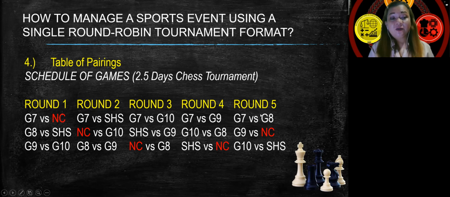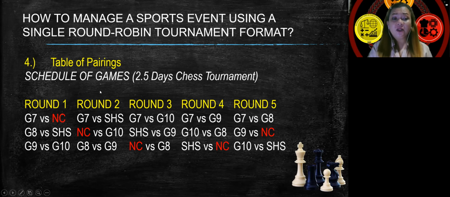That is scheduling or pairing, the term that we use in sports. We cannot proceed to an event without having the schedule of games or pairing. This must be done first because this will be presented to all the teams before the game starts.